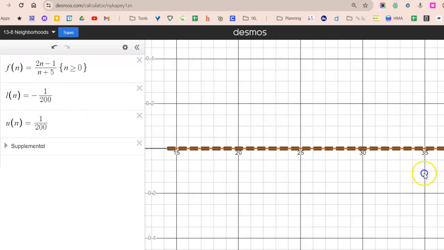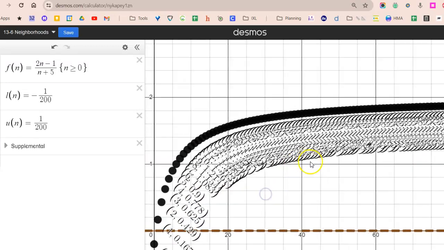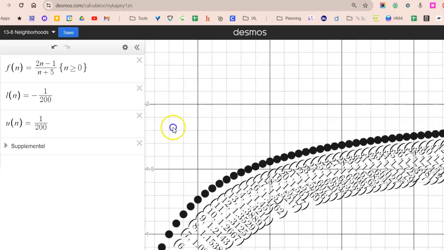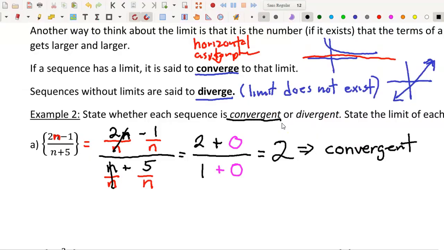Go back, and then you can see it. Yeah, where is it approaching? It's getting closer and closer to 2. Right. And convergent, you're thinking horizontal asymptote type of thing. It's not exactly the same thing, but they have some similarities.